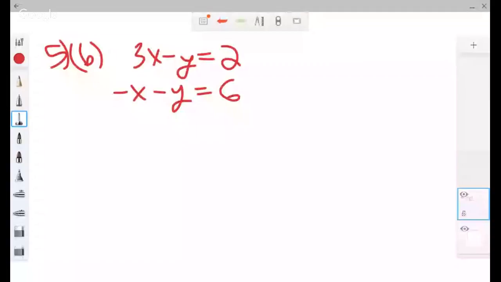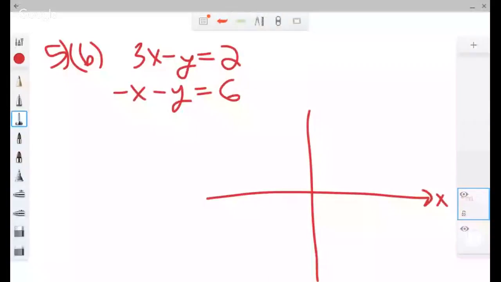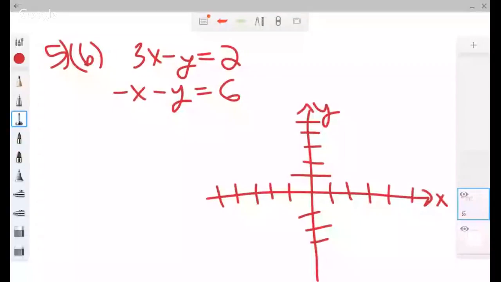So there's two ways you could do this. You could either put both of these guys in slope-intercept form, y equals mx plus b, right, and graph them and see where they intersect, because that's really what they're asking about, right? That's what a solution to a system of equations is. Where do the lines intersect? Or you can use the intercepts, which is kind of a quicker way.